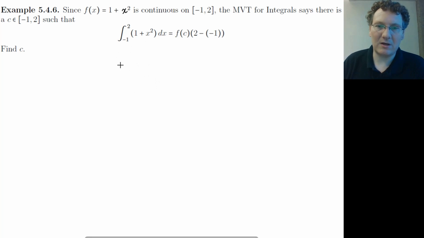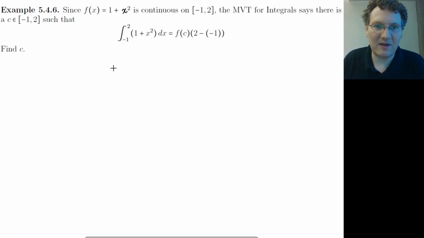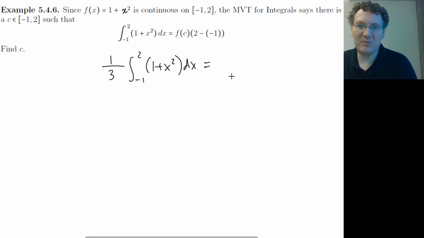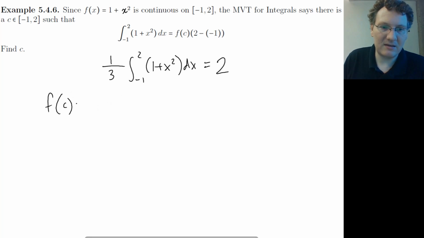So first of all, we actually found the average value: 1 over 3 times the integral from -1 to 2 of 1 plus x squared dx came out to be 2, right? Well, is there some value between -1 and 2 such that f of c equals 2?